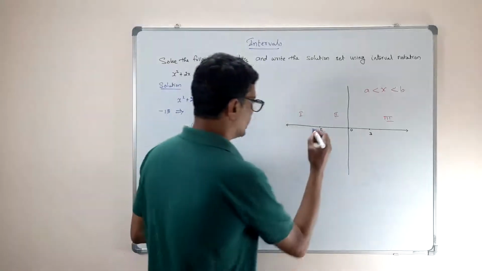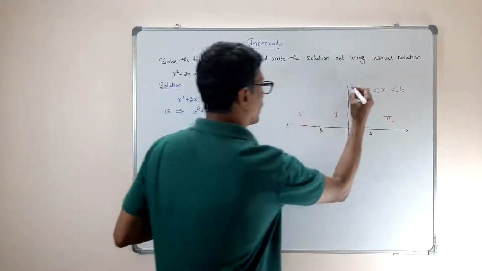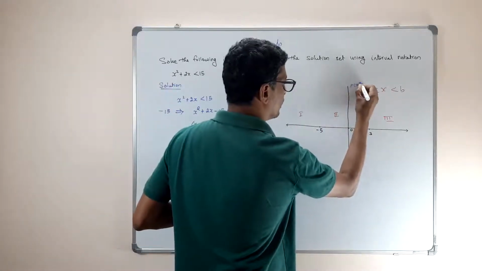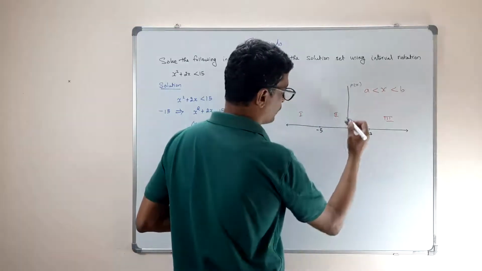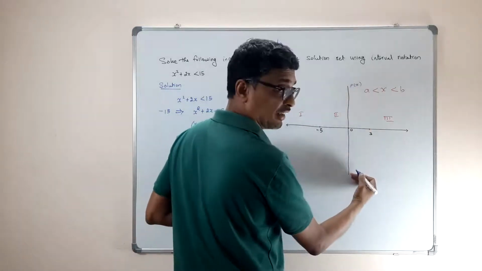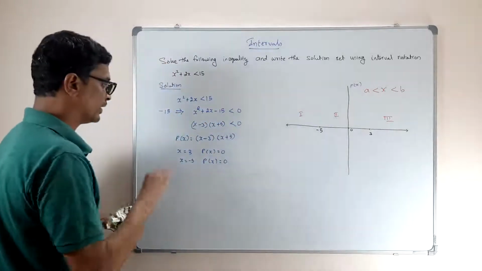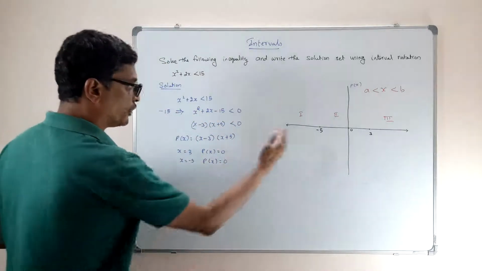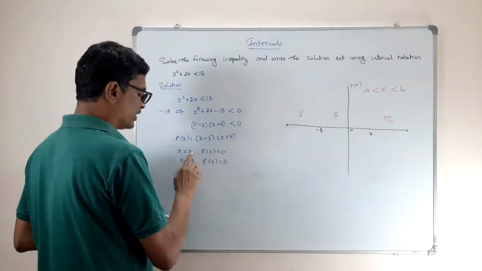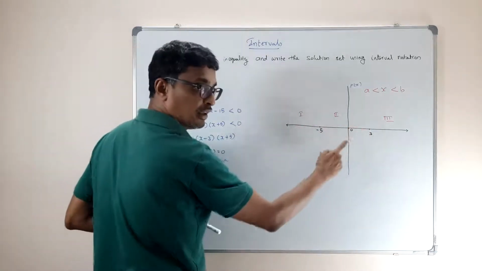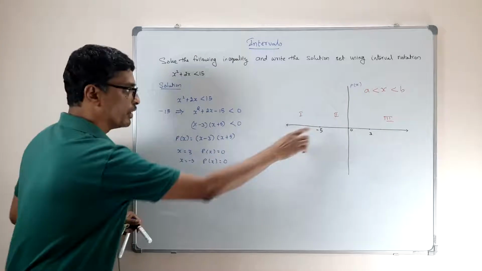So p of x along this one is positive on one side and negative on the other, and at these points they are 0. Now this is divided into 3 regions, 1, 2, 3, and on the points p of x is 0.